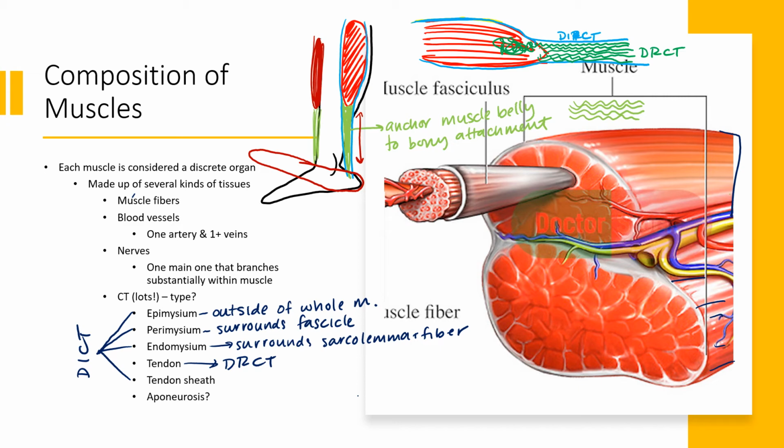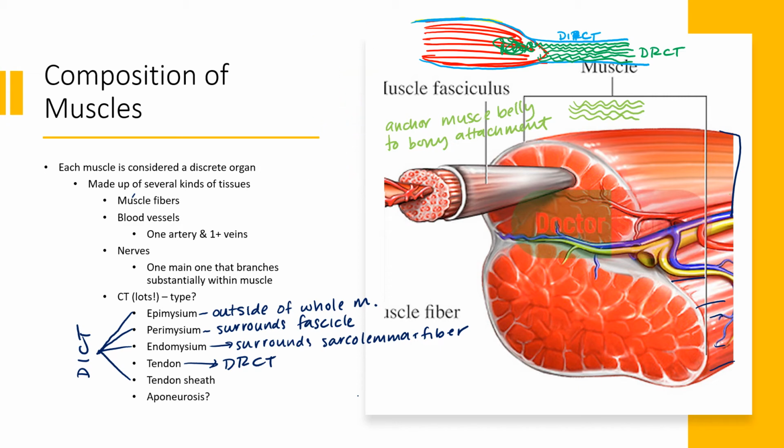The epimysium, which when it surrounds the tendon is now called the tendon sheath, has to be able to stretch too, but it doesn't just have to be in one direction. The tendon really only has to stretch well in one direction. It's really bad at stretching sideways. And if you get a sideways impact or a stretch on that tendon, it tends to break.